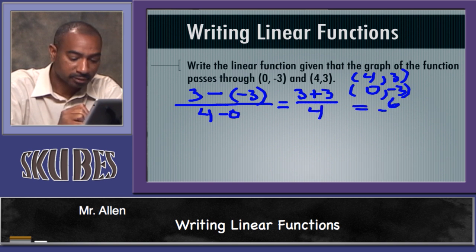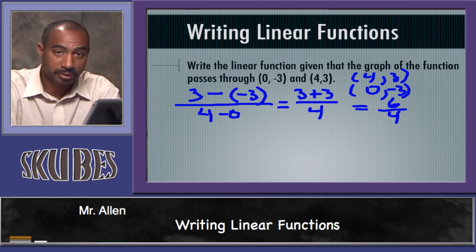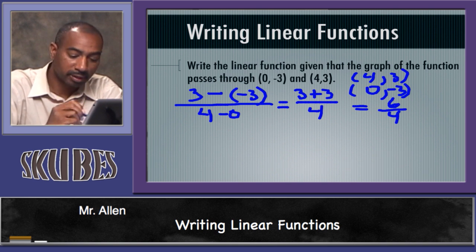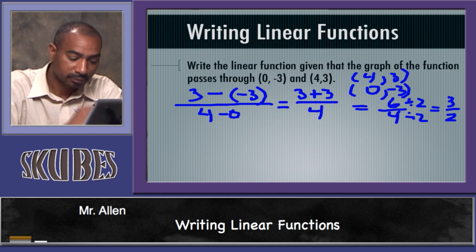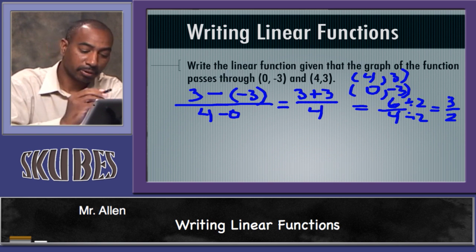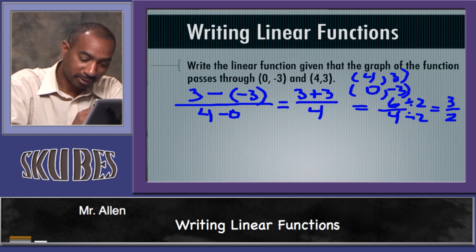So this is 6 over 4. Always reduce. So we know that 2 divides into 6 and 4. So this reduces to 3 halves. So you have a slope of positive 3 halves. And if you notice the pattern here, I have a 0, negative 3.